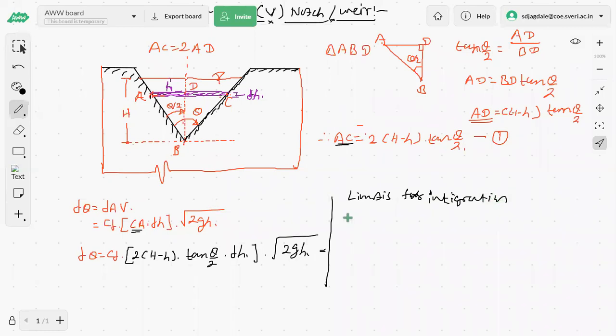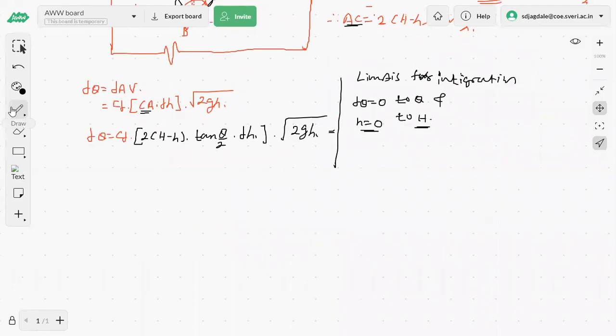So dQ will have the limit from 0 to the capital Q, and this small h will have the limit from 0 to the capital H. Okay, now with respect to this, we are going to integrate this equation. So just integrate it.